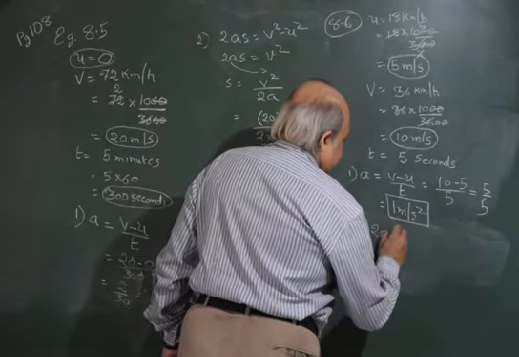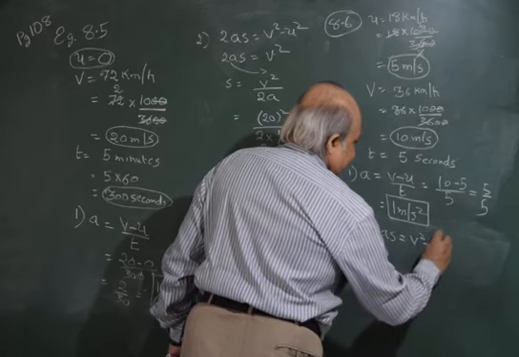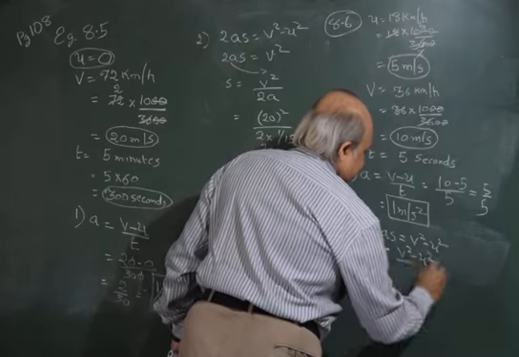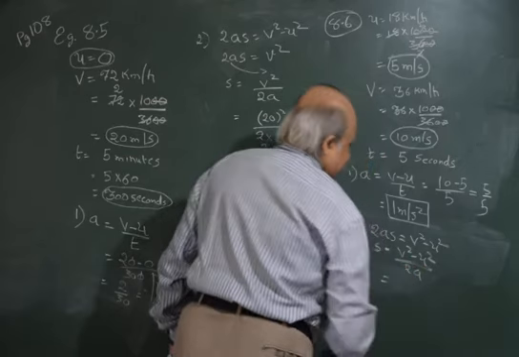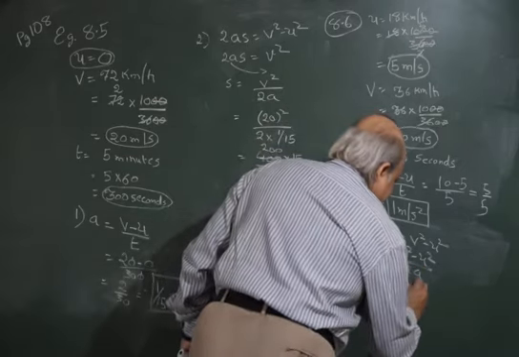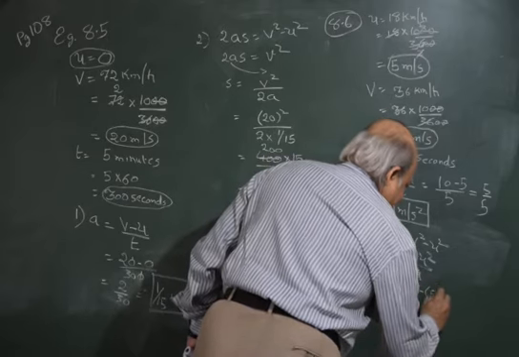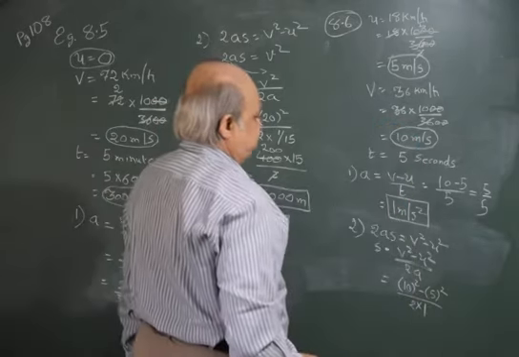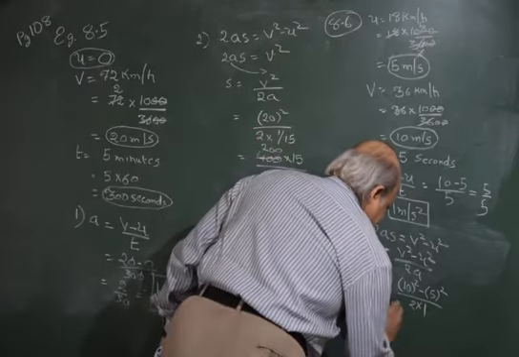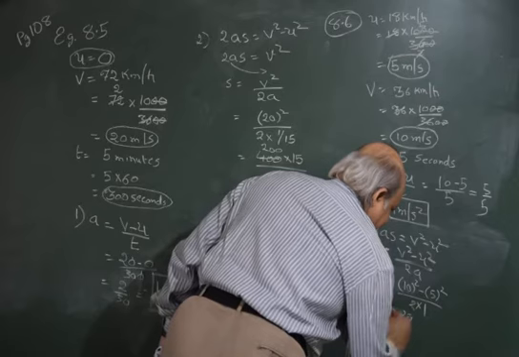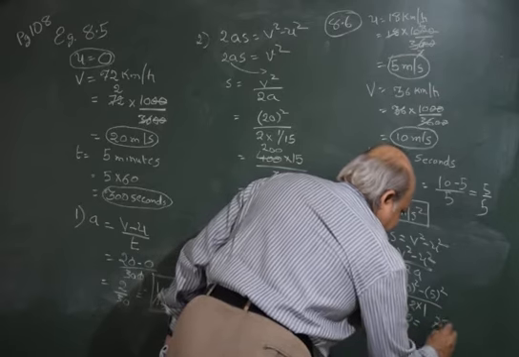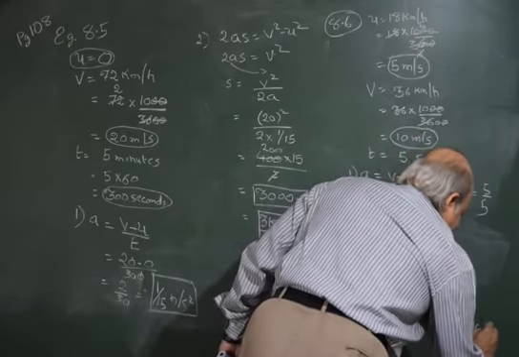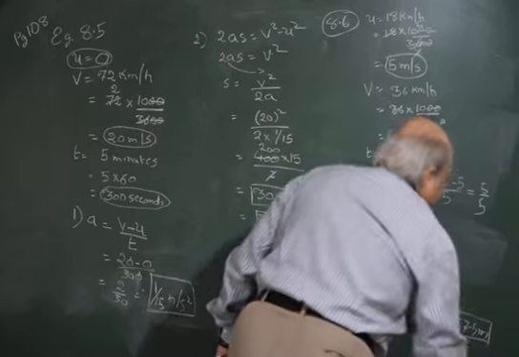So we go for 2as equal to v square minus u square, s equal to v square minus u square upon 2a, which will be equal to 10 square minus 5 square upon 2 into 1. 100 minus 25 upon 2, 75 upon 2, and therefore we get 37.5 meter as our final answer.